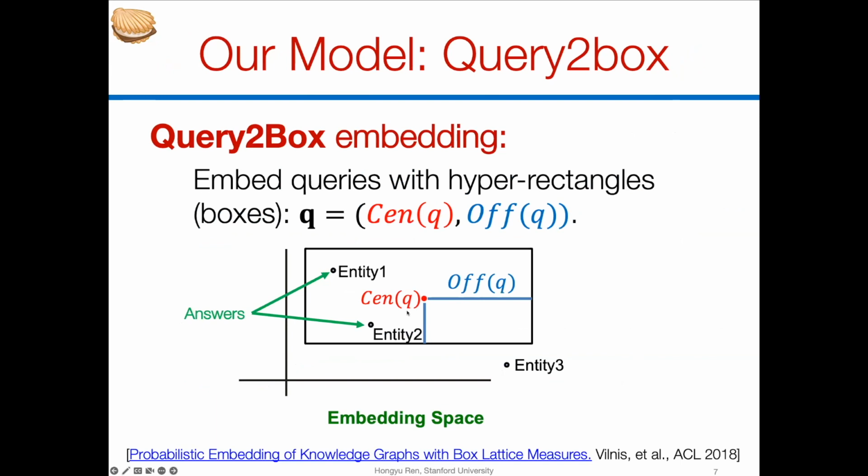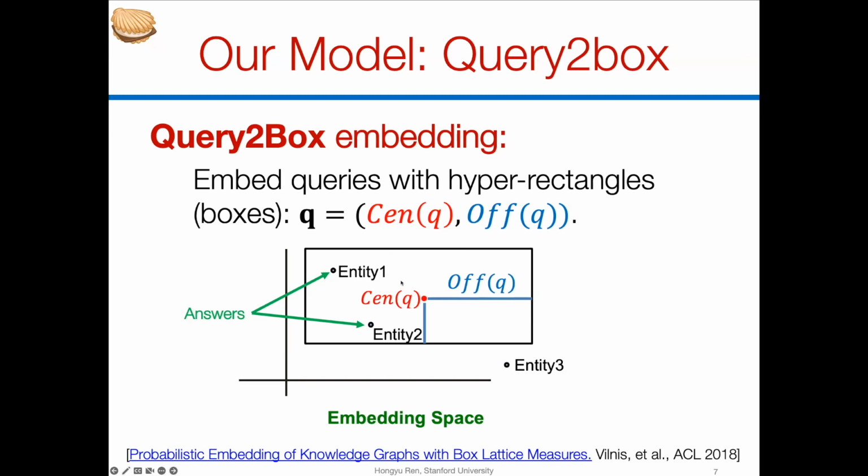And here I would really like to introduce our model. It's called Query2Box. In Query2Box, we represent each entity as a single point vector in the Euclidean space. And each query we represent as a hyperrectangle with two sets of parameters. One high-dimensional parameter corresponds to the center of this query hyperrectangle, and another high-dimensional vector corresponds to the offset of this box.